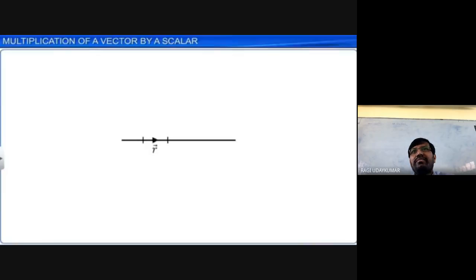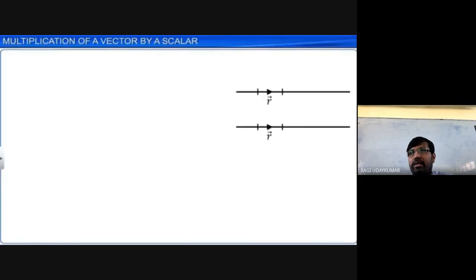Now, multiplication of a vector by a scalar. We have to multiply a vector by a scalar. It is just multiplying only. When you double a vector, 2 times the vector, you multiply by 2. 2 into the vector r bar is equal to 2 r bar. Okay.